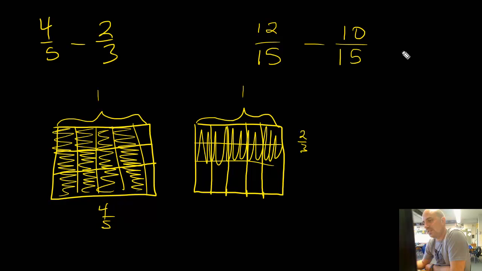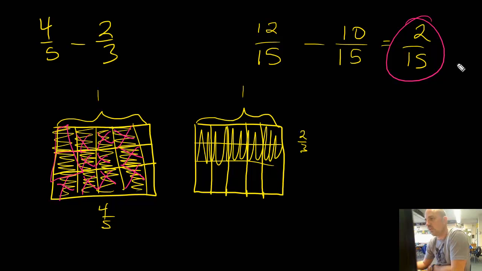I'm subtracting 10. The difference between 12 and 10 is 2. And I'm left with 2/15. I'll double check that. Taking 10 away from this one. 1, 2, 3, 4, 5, 6, 7, 8, 9, 10. And I see that I have 2 sitting over here still, and that's what I thought originally.